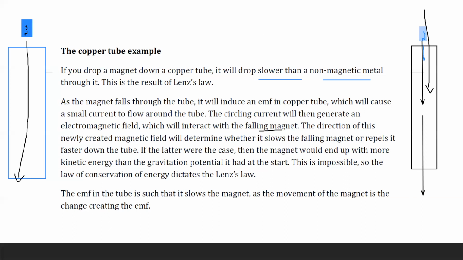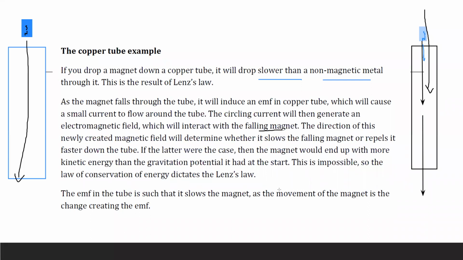In the other case, the magnet would end up with more kinetic energy than the gravitational potential energy it started with, and this is impossible. So the law of conservation of energy dictates Lenz's law. And the EMF in the tube is in such a way as to slow the magnet.